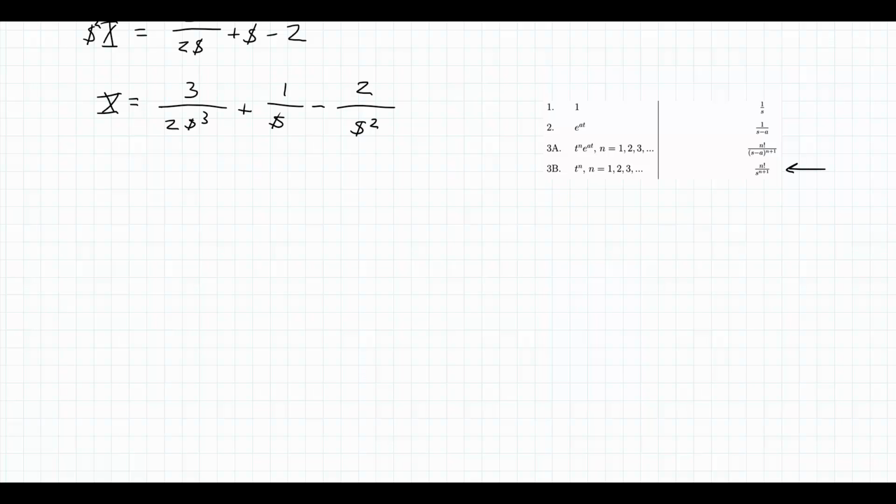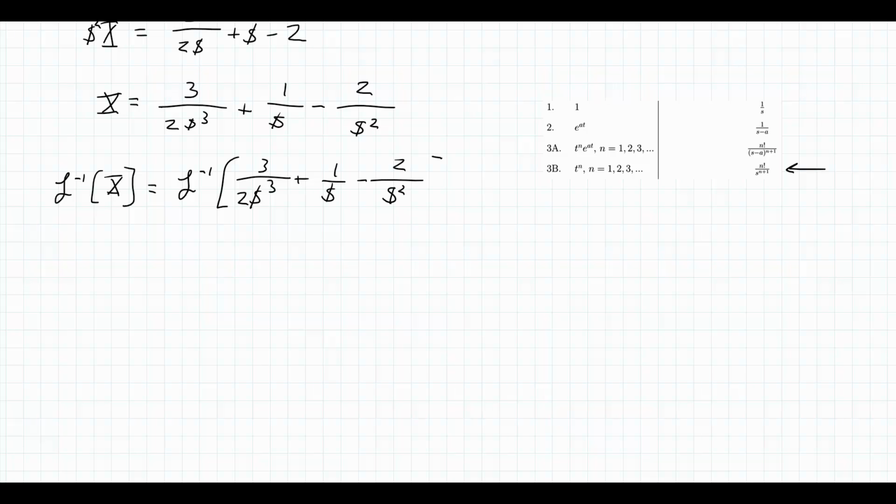And now when I do the inverse Laplace, I'll go from the right to the left. All right, so next step, let's do the inverse Laplace of both sides. So the inverse Laplace of this: 3 over 2s cubed plus 1 over s minus 2 over s squared.